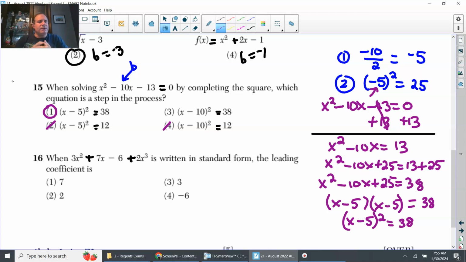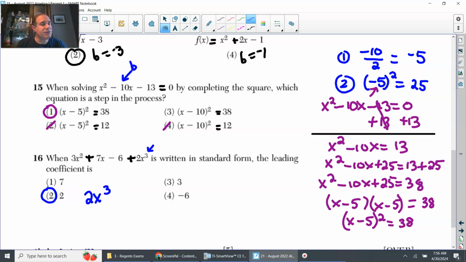All right. So number 16 says when 3x squared plus 7x minus 6 plus 2x to the third is written in standard form, the leading coefficient is. All right. I know that, see, this is the largest exponent. That goes first. I don't care what the rest is. It's 2. All right.